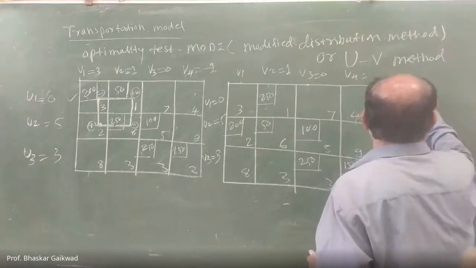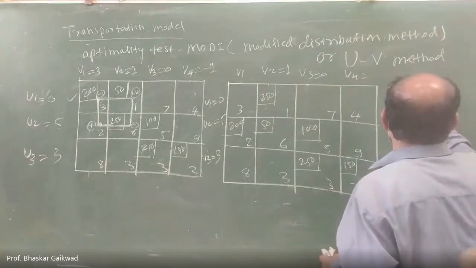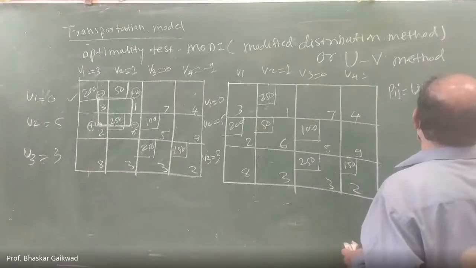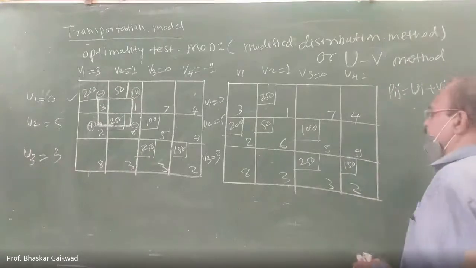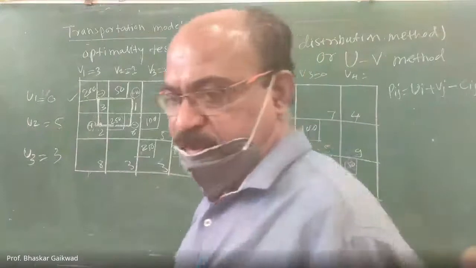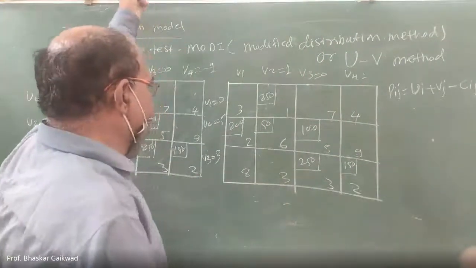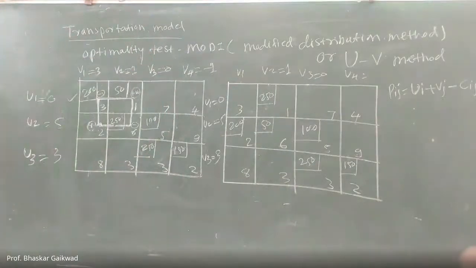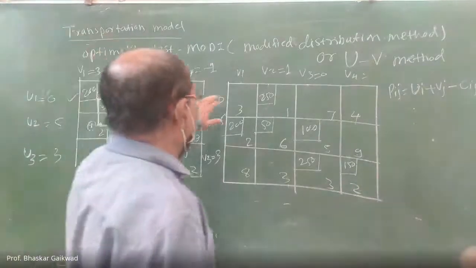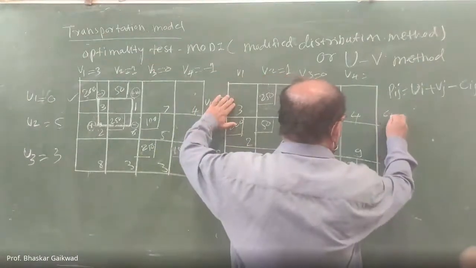Here it is Ui plus Vj minus Cij. The penalty we have to calculate. So you have to consider the unallocated cells. So C11, this is the unallocated cell C11.